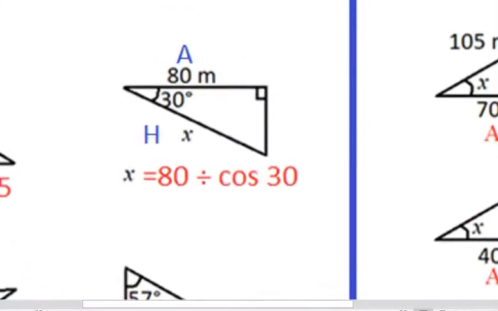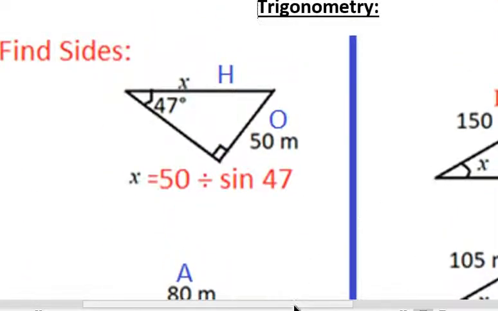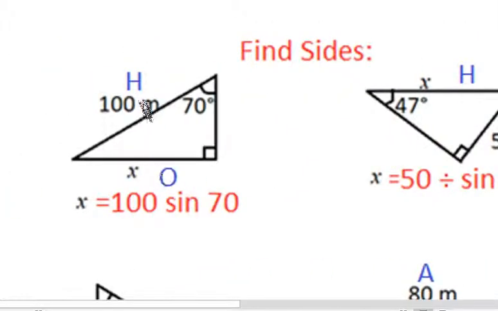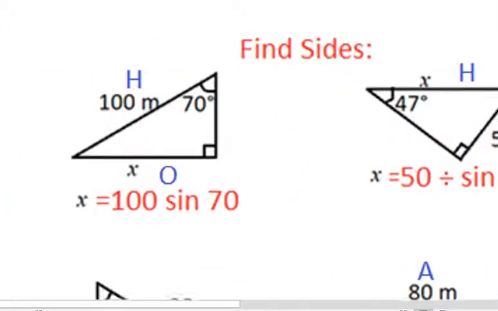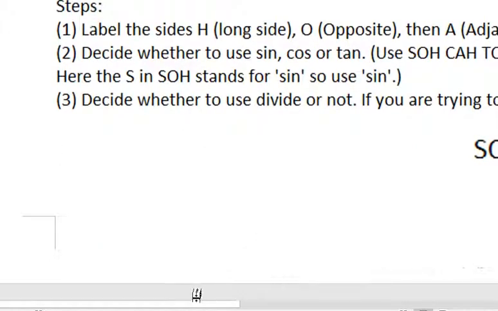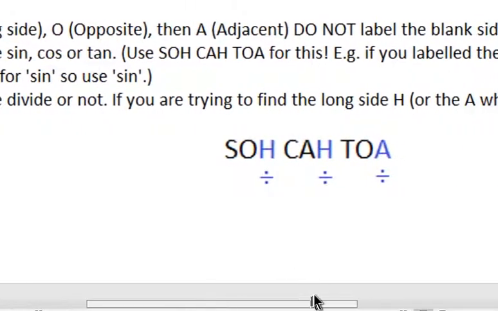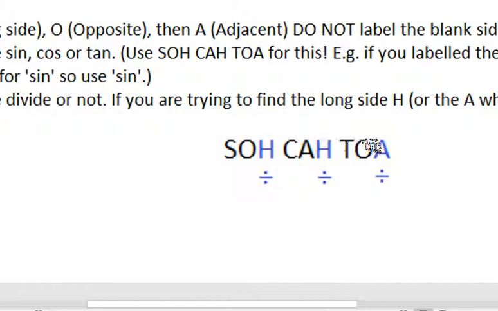So remember what we had labelled on our triangle. We had O and H. So we use SOHCAHTOA to find out whether to use sine, cos or tan. S stands for sine, which we use when we have O and H labelled on our triangle, so we're going to use sine.